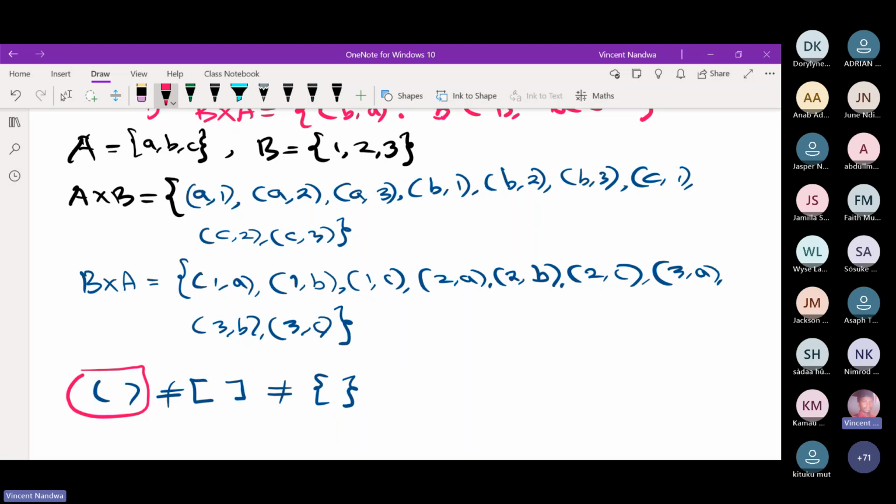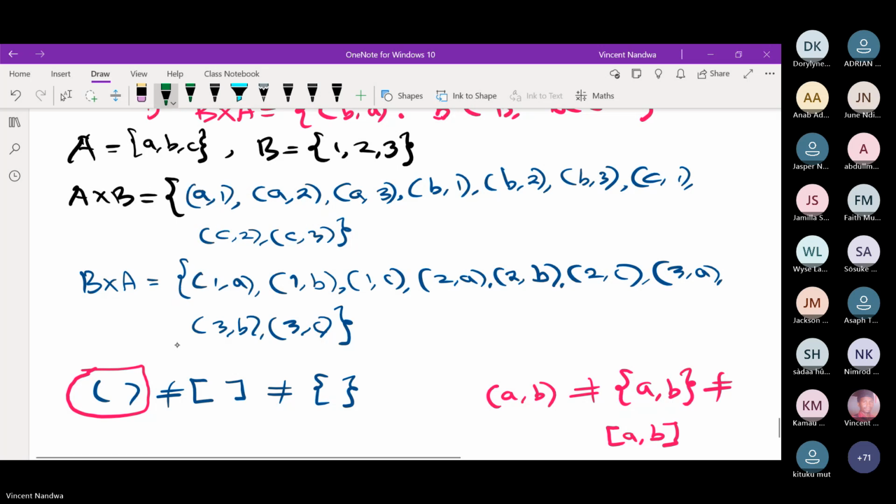Don't replace them by either square or curly brackets, as they have totally different meanings. Writing (a, b) is different from writing [a, b], and this is also different from writing {a, b}. The first is an element in the Cartesian product, while the curly form is a set, and the square form is a closed interval from a to b.